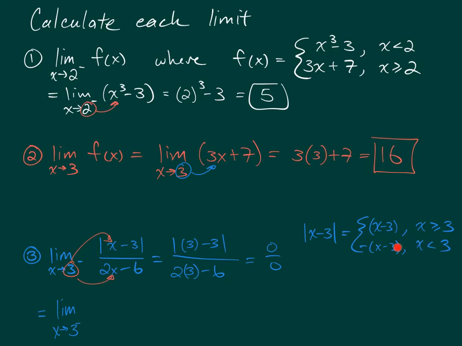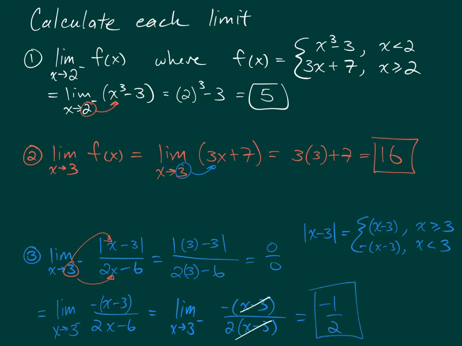So we are looking for this function here. So the function will be rewritten like this. There's still some simplification that needs to happen. It looks like a 2 can be common factored out of the denominator, leaving you with a limit that looks like this. And now hopefully you see that the x minus 3's reduce away, and that leaves you with a final answer of negative 1/2.